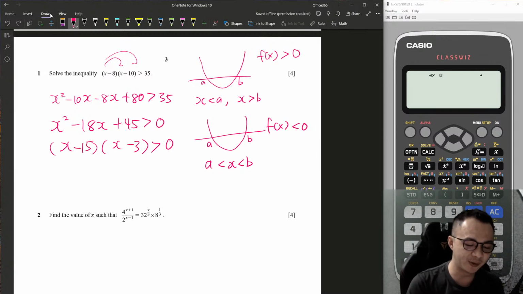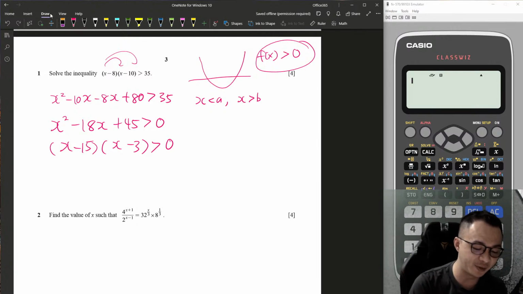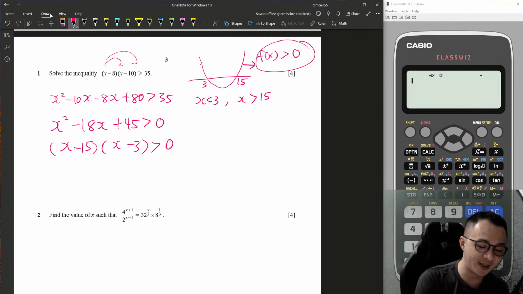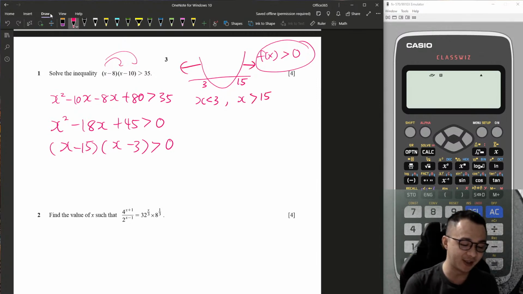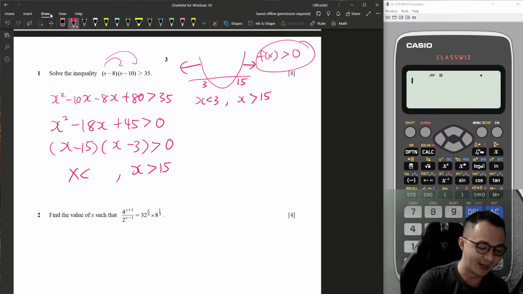Since it's bigger than 0, I will choose the first option. From here my critical values will be 3 and 15, so my a value is 3 and my b value is 15. That means when it's bigger than 0, my graph goes in these two directions, so x will be less than 3 and x will be bigger than 15.